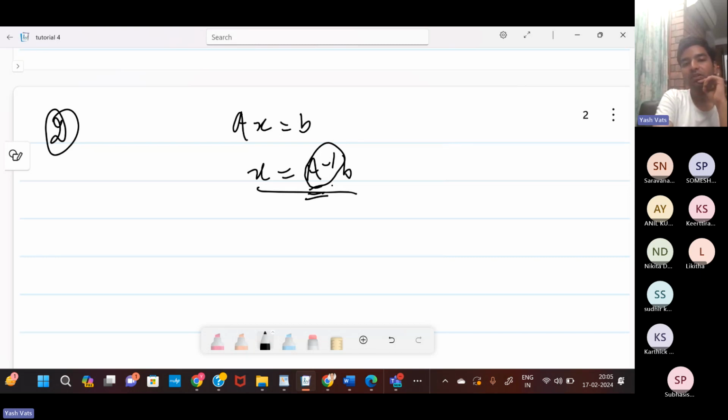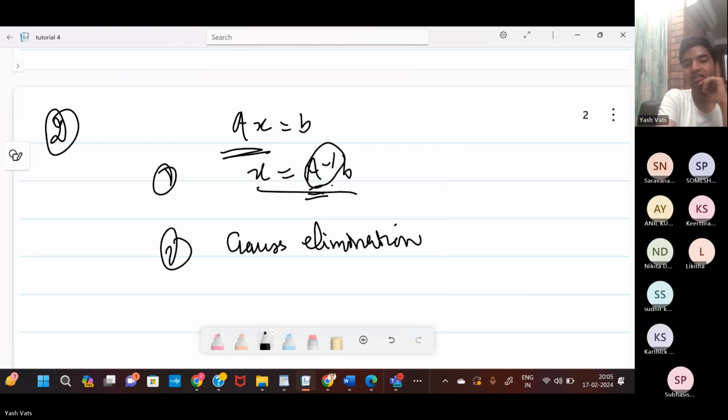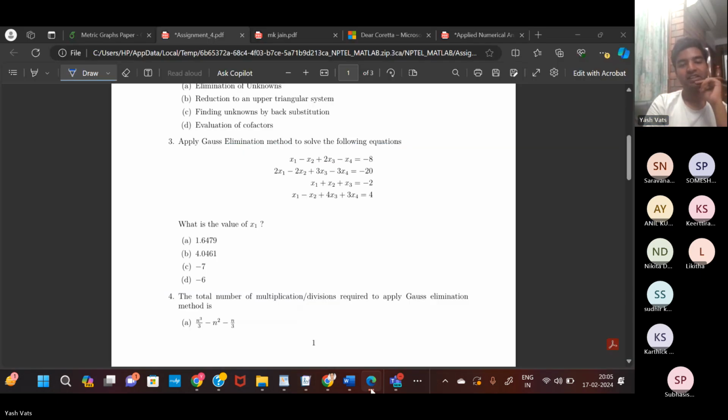Another method is to use Gauss elimination. Which one is easier? The second one, Gauss elimination, is much easier than this, right? Apply Gauss elimination method to solve the following equations. Okay, let's try to use Gauss elimination method now.